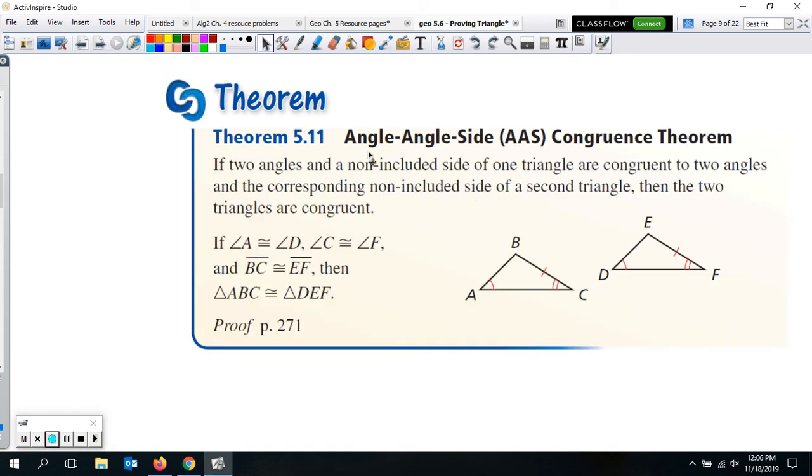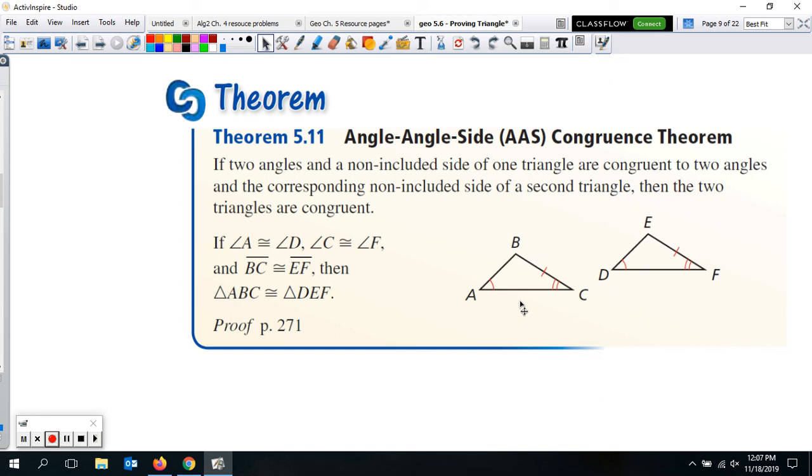The next one is angle, angle, side, AAS. Same kind of idea here. You have two angles again, but not the included angle. You can have another angle, one of these other two angles. So basically, if you have two angles and one side, you can pretty much always prove triangle congruence.